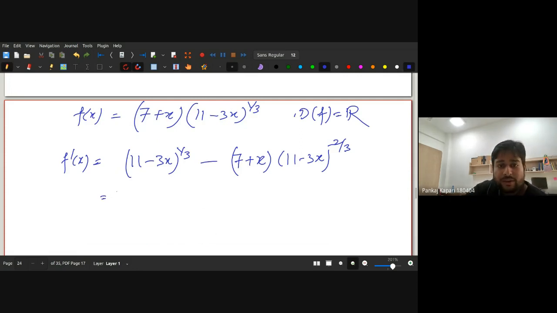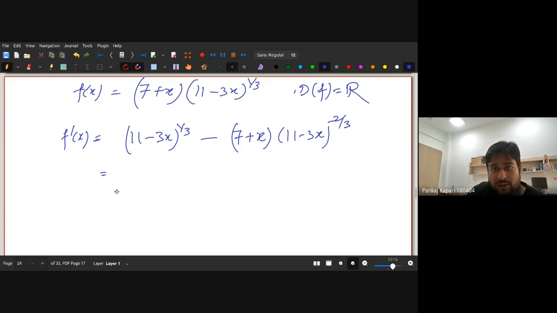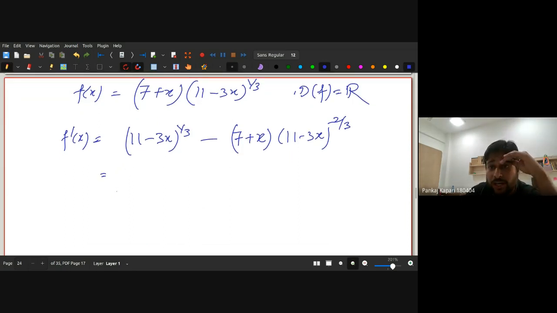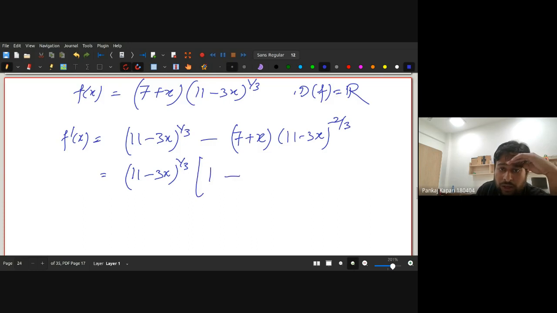Now we'll simplify this derivative. What can we take common? If I take this common, I am left with 1 minus (7 plus x) times something.